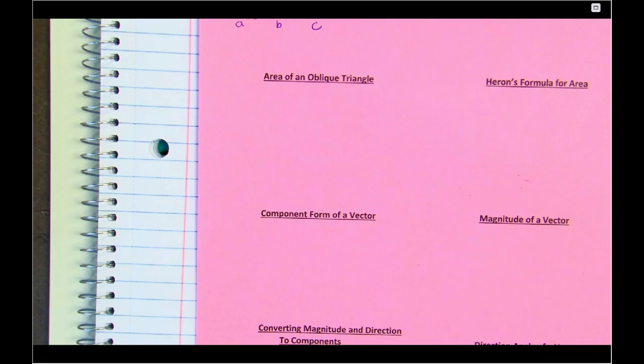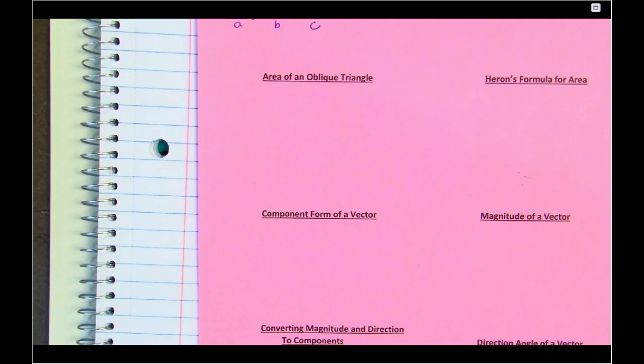We know that base times height divided by 2 is the area of a triangle, but that's if you have the base and the height perpendicular to the base. It says the area of the triangle is 1/2 base times height. That assumes that the height is perpendicular to the base.